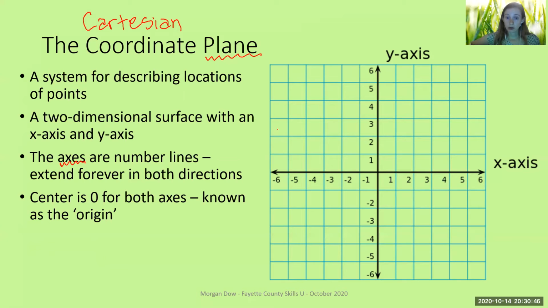These two number lines cross each other where each of the number lines is 0. So the center is 0 for both of our axes. And that crossing point, that 0 point, is called the origin. It's kind of where both of these lines originate from.